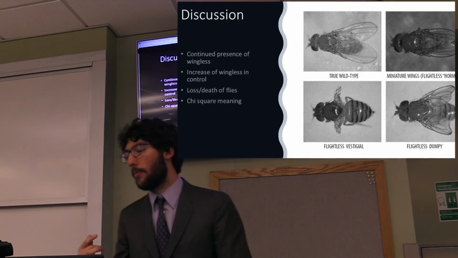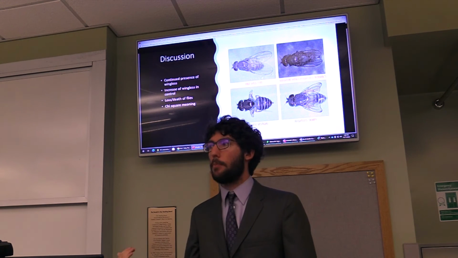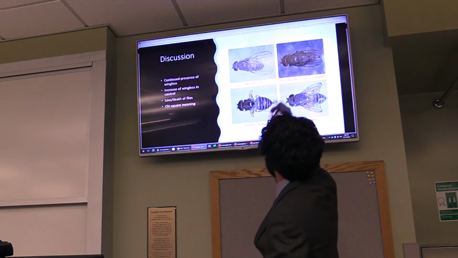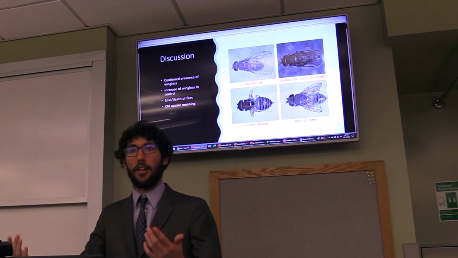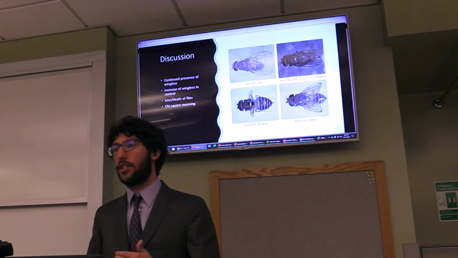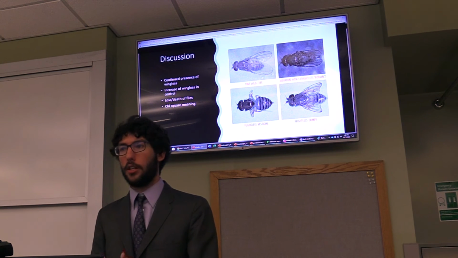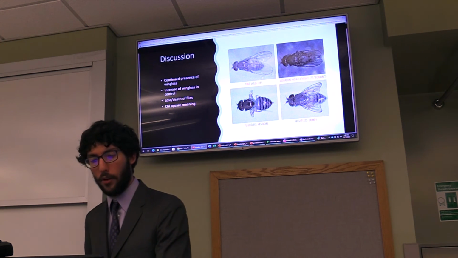And here you can even see what they look like, because there's different wing traits that can pop up. Like you have the dumpy wings and the miniature, and then true wild type. Both of these would be considered flightless just because miniature is too small for them to carry themselves up. And then again, with the chi-square, every single number that I got was significant. There was never a point where the chi-square said this was just random chance.